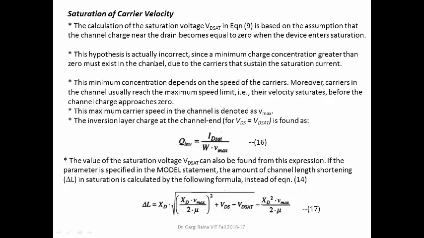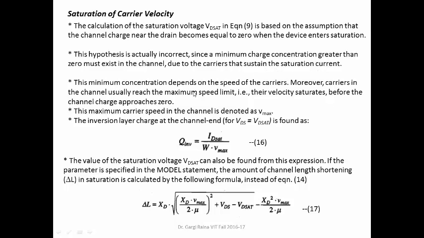This hypothesis is actually incorrect, since a minimum charge concentration greater than zero must exist in the channel, due to which you have a small saturation current. So these carriers will sustain that saturation current.